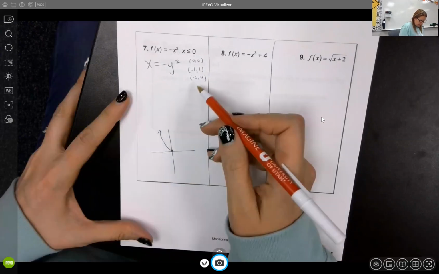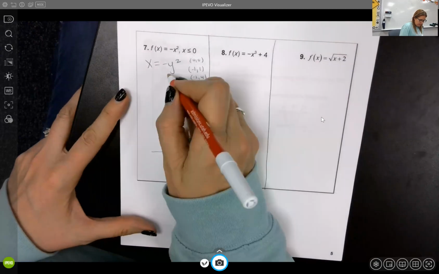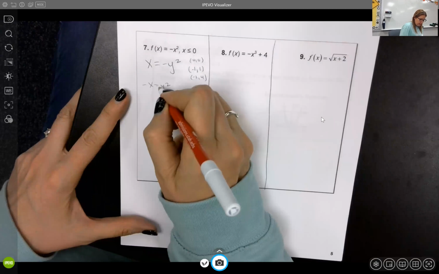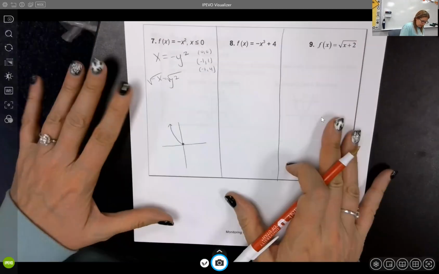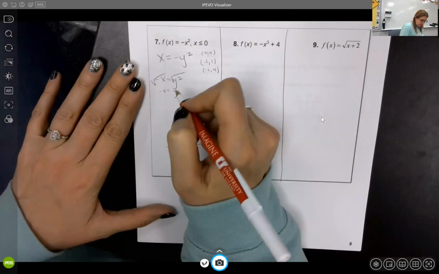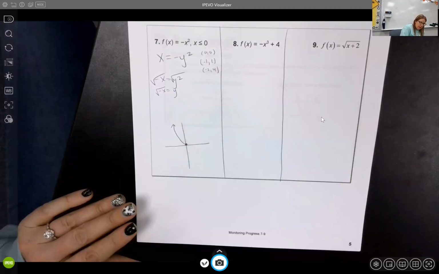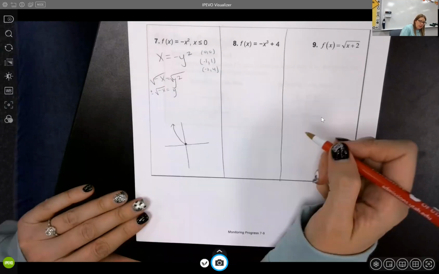So when I do this, we're dividing by a negative. So we get negative x equals y squared, and then we're taking the square root to get the y by itself. So the square root of negative x equals y. So you might know that this is plus or minus because it's an even power, right?